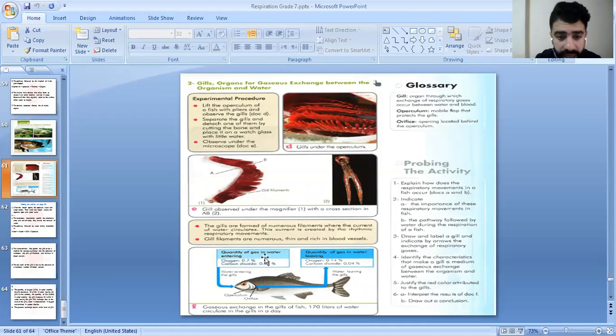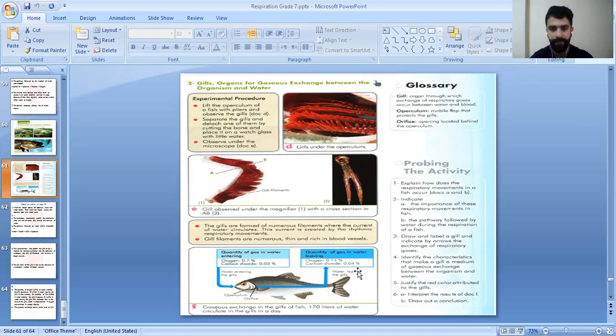The quantity of gas in the water entering: oxygen was 0.7 and carbon dioxide is 0.03. While in the water leaving, oxygen becomes 0.14. It decreases. Pay attention, 0.7 means 0.70, and oxygen is 0.14, so 0.7 is greater than 0.14. And 0.03 here becomes 0.4.